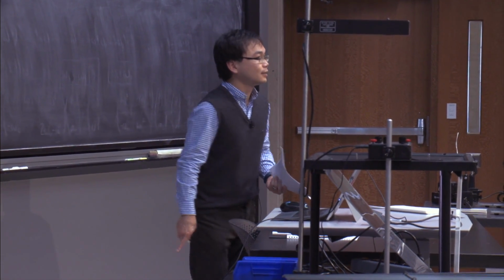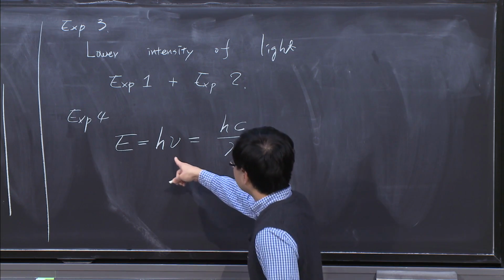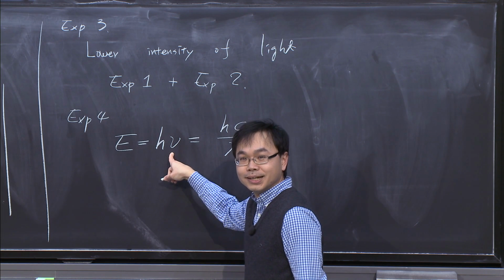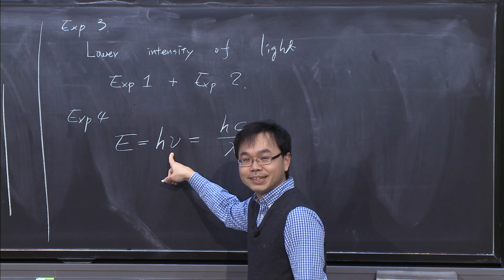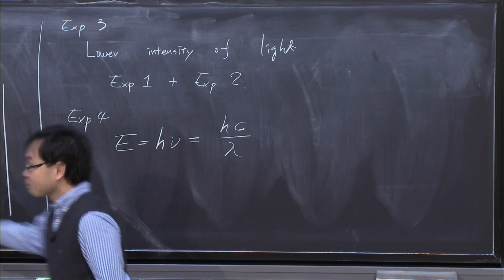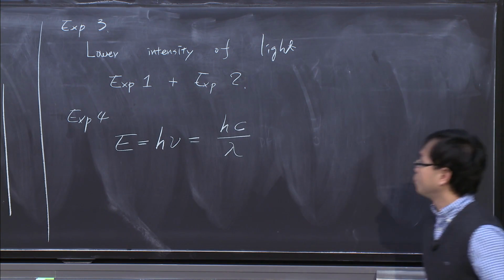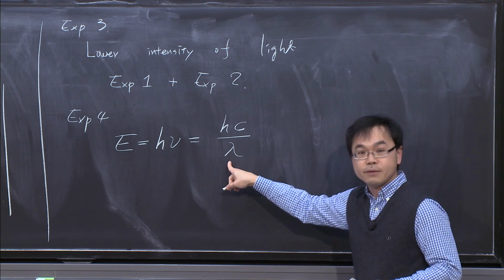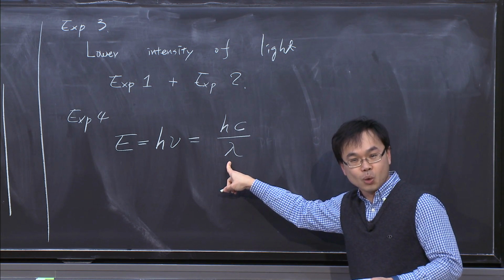How do I do that? What I could do is to lower the frequency of the electromagnetic wave of the light source, or say increase the wavelength of the light source.